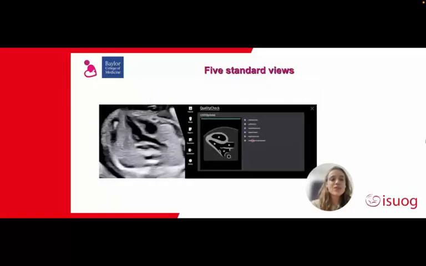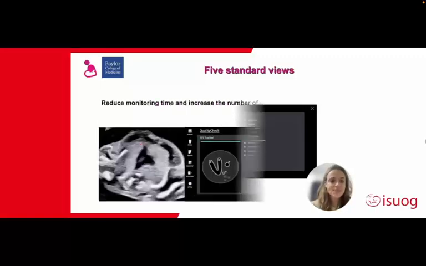Here you have an example of left ventricular outflow tract. You can see the left ventricle, the right ventricle, and these are the landmarks: the left atrium, the ascending aorta, the apex, and the interventricular septum, which is intact. And therefore, all the criteria are met, green light.